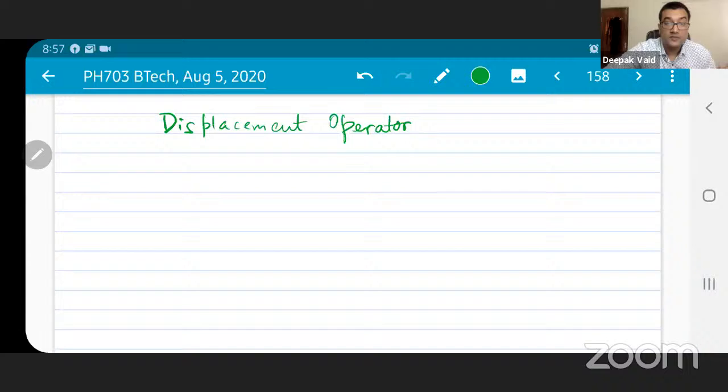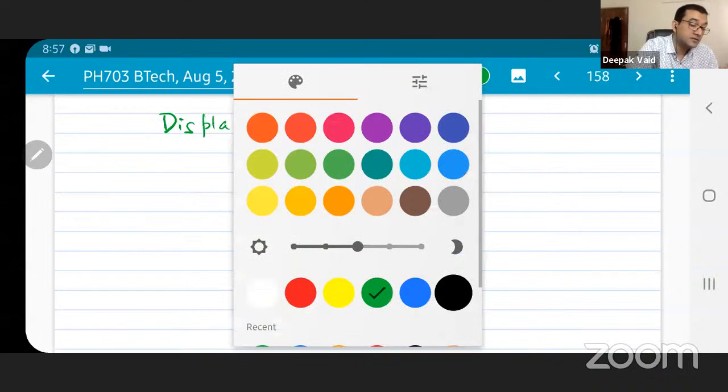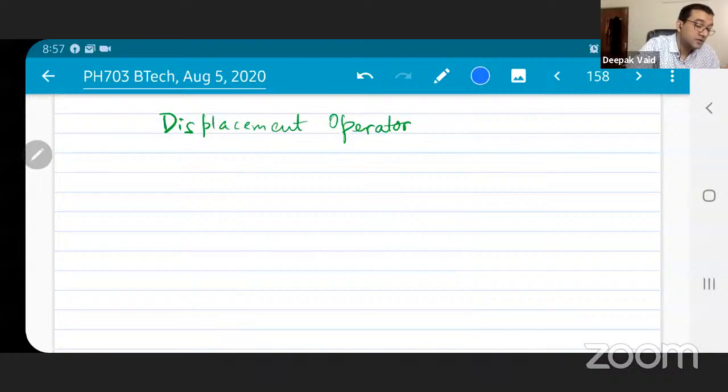Now, what is this displacement operator? This displacement operator is defined as follows. It says that if you take the ground state 0 and you act on this with this operator, you get alpha.